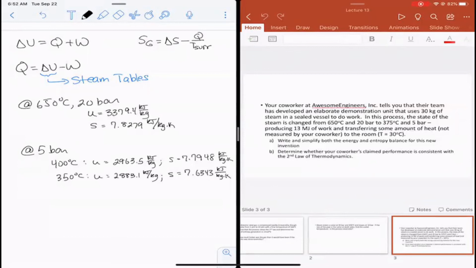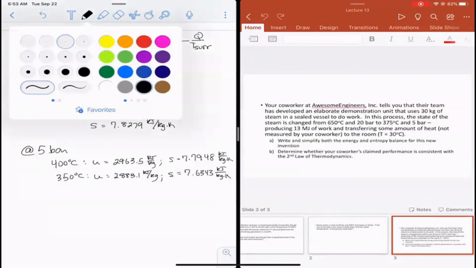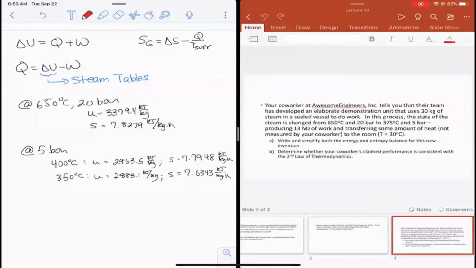Now, we can use the equation that we used in the previous problem, and that's absolutely fine. And it's something I really highly recommend that you do in order to feel comfortable interpolating in the steam tables.